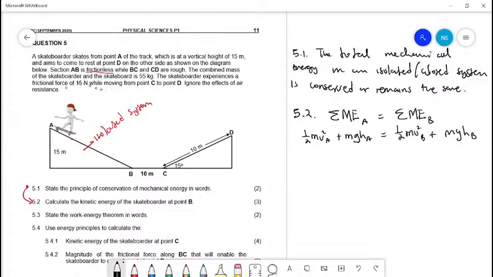What we see is that we need to know the speed, or velocity, at A.